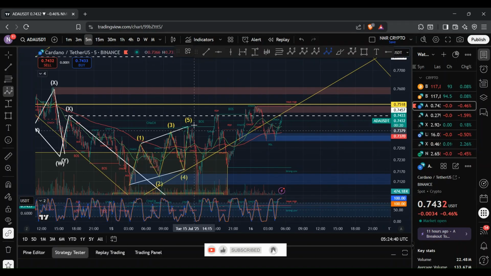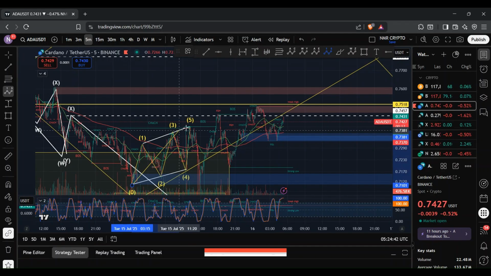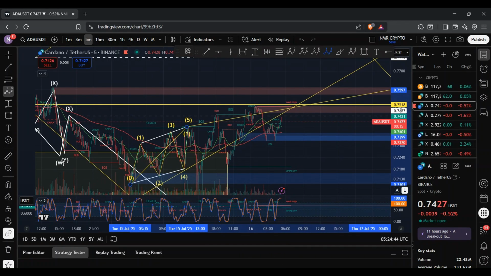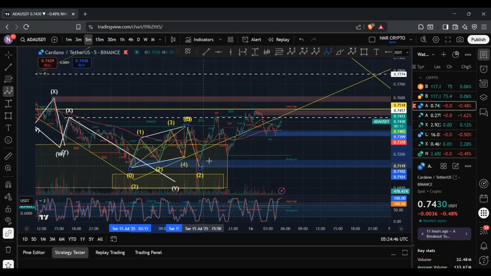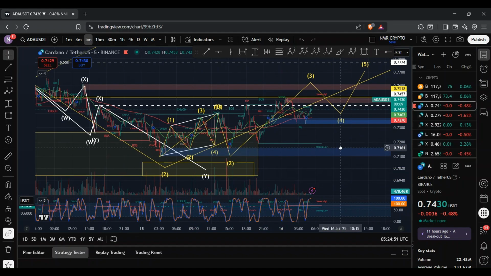So it's possible that we are now within a wave 3. If I draw that in, this leading diagonal formed the wave 1, and then we had this move to the downside to complete the wave 2. So it looks like we are now within a wave 3, and then we see a wave 4 and 5 that will also play out. This wave 3 will be a 1.618 extension of the wave 1.